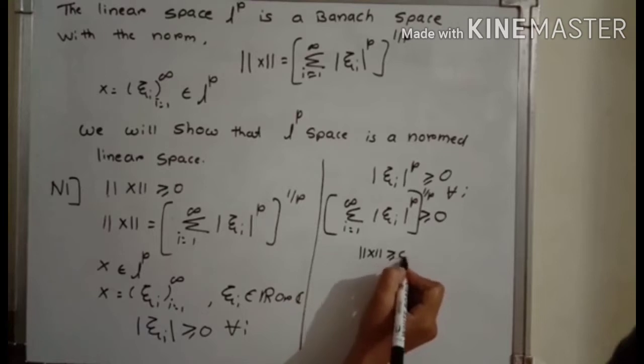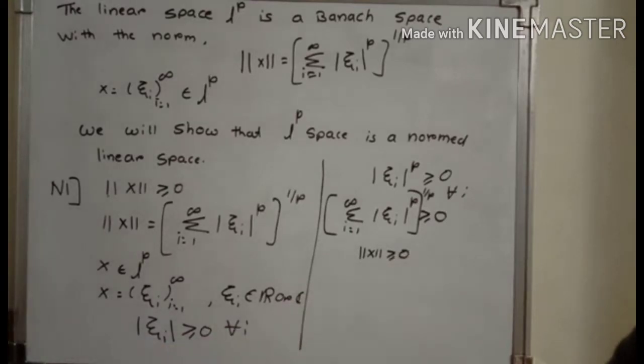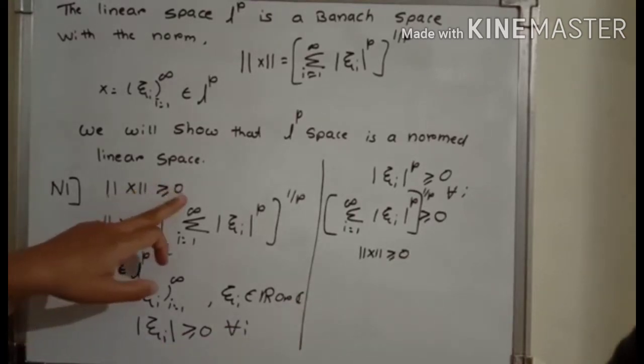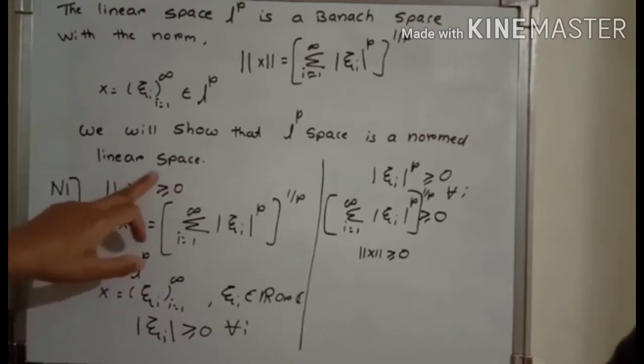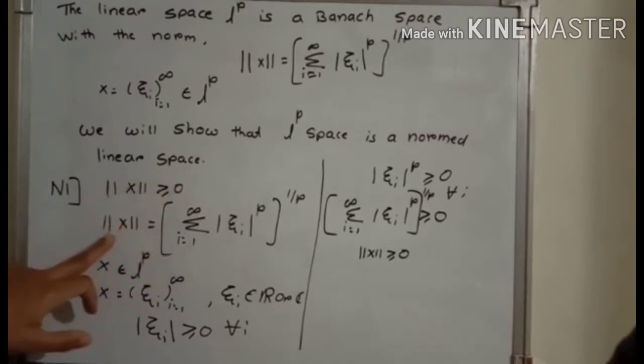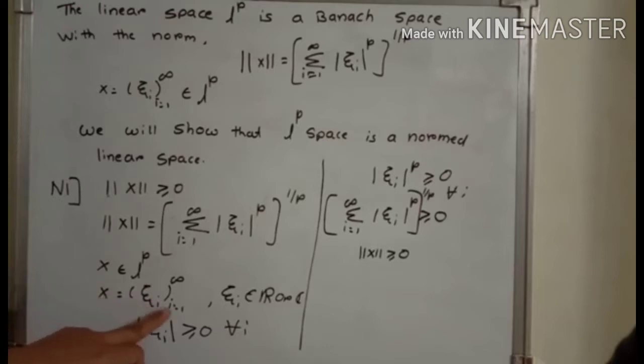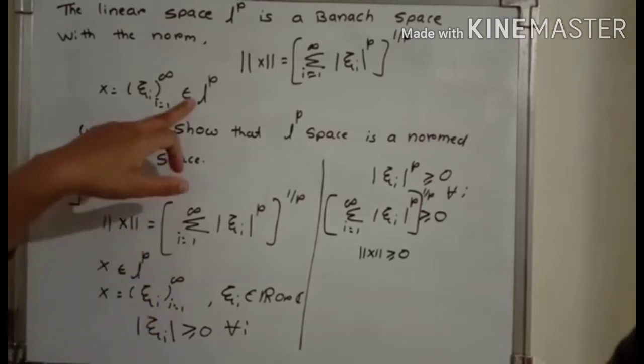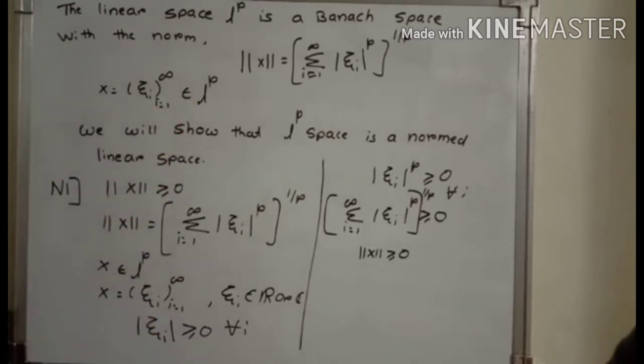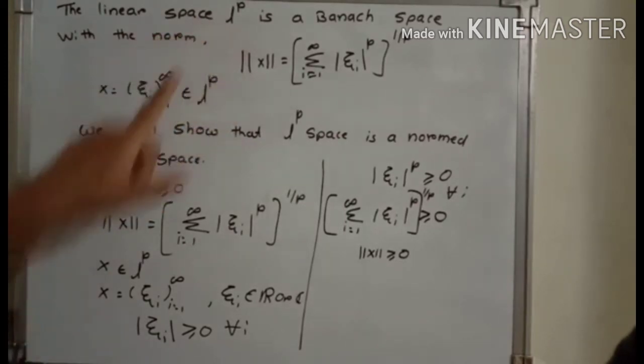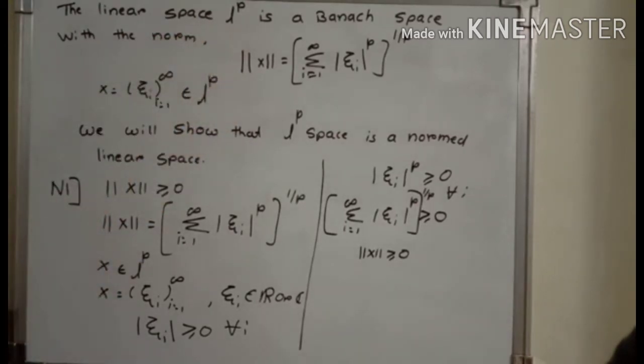That means ||x|| is greater than or equal to 0, where x equals the sequence (ξi) is any element of ℓp. Thus the norm defined on ℓp satisfies the first property of a norm.